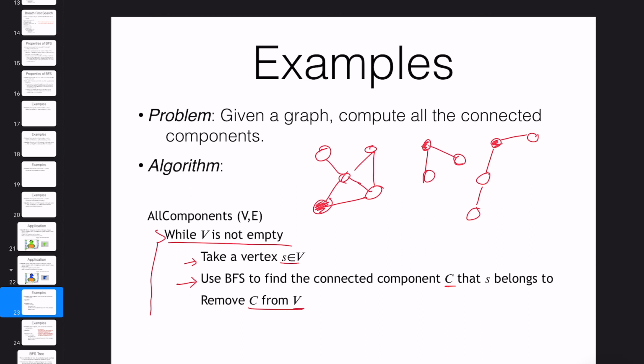So you will run 3 BFS. But does this actually affect the time complexity in total?